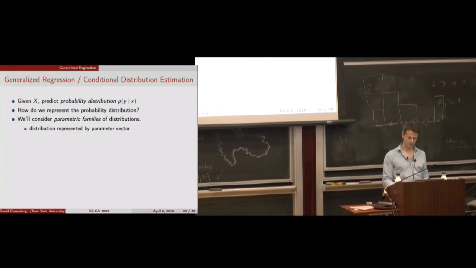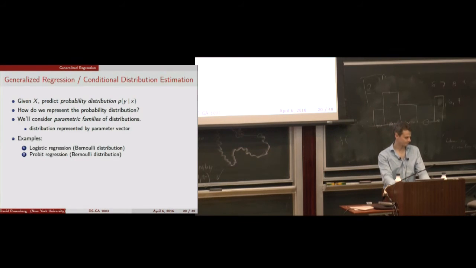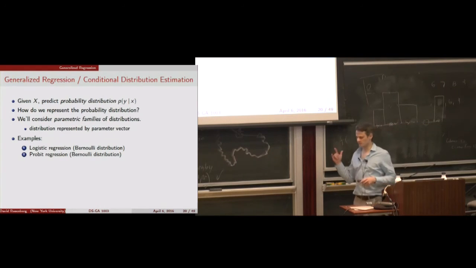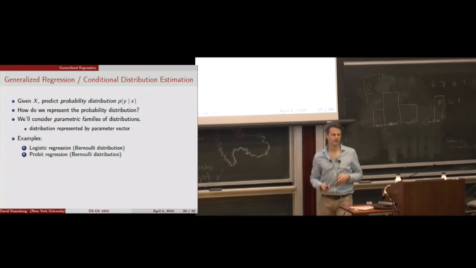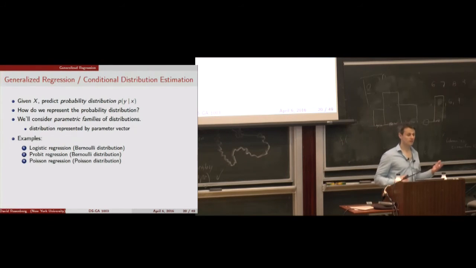We're going to use parametric families to represent the distribution we predict. Here are some examples just to give you an idea of the scope. Logistic regression and probit regression are both instances of this framework. In those cases, we're predicting a distribution on two classes, so that's a Bernoulli distribution. Poisson regression is a special case where we're predicting a Poisson distribution.